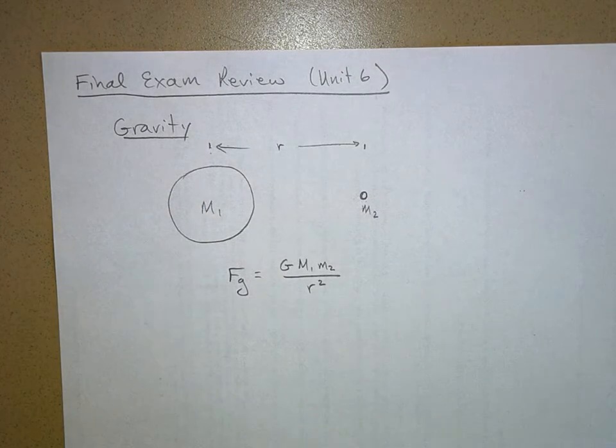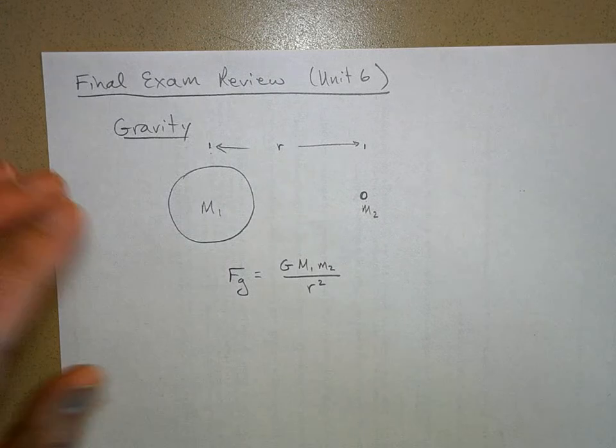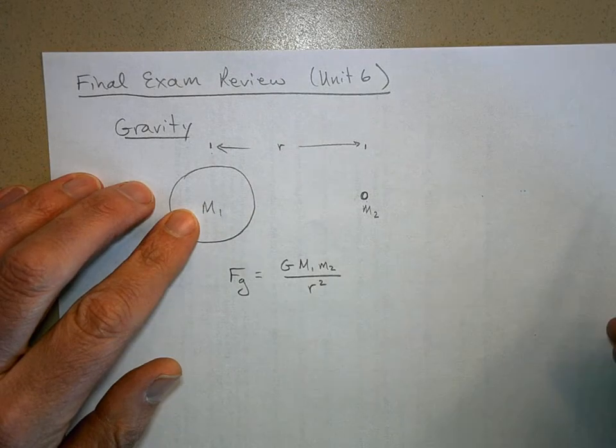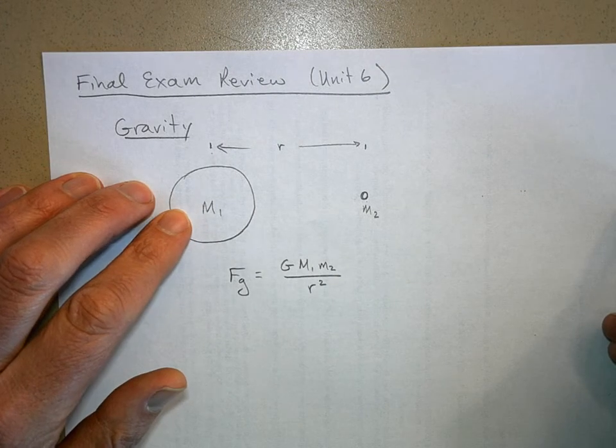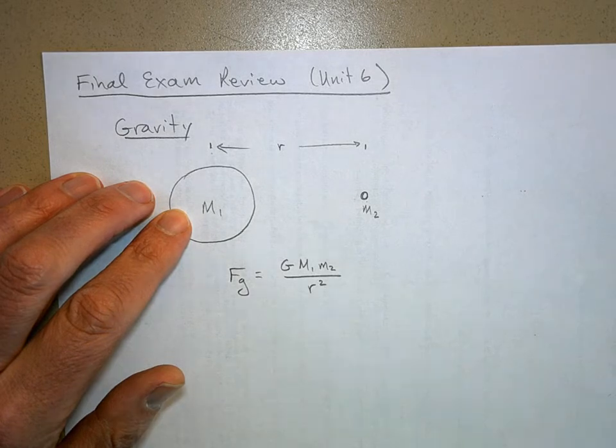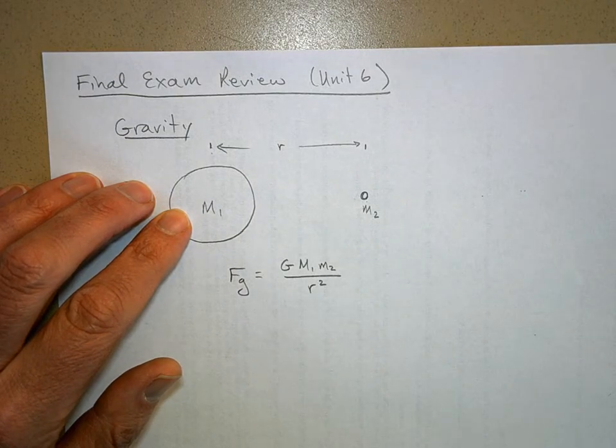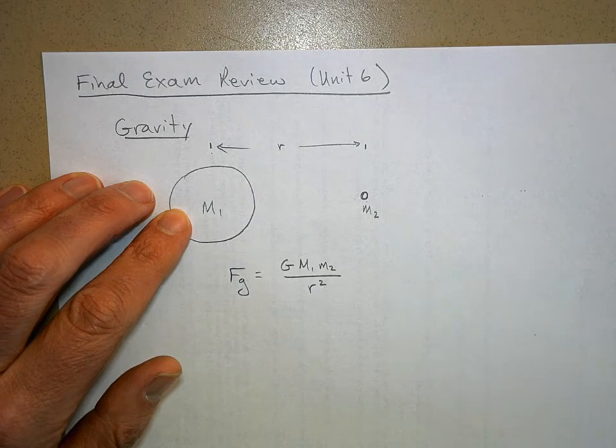So if you're twice as far, the gravity is only 1/4 as strong. Not 1/2, but 1/4. What if I made them 3 times farther apart? The strength of gravity is not 1/3 as great, but what? What's 1/3 squared? Square it!